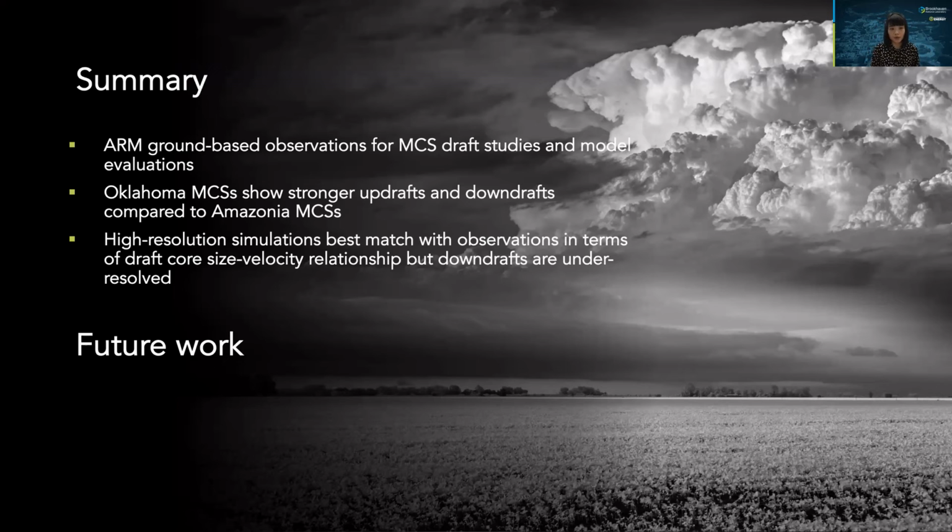We also compared the MCSs initiated in Oklahoma and Amazon, two different climate conditions, and we found that the Oklahoma cases have stronger updrafts and downdrafts compared to the Amazon because of their stronger background forcing and greater instability.